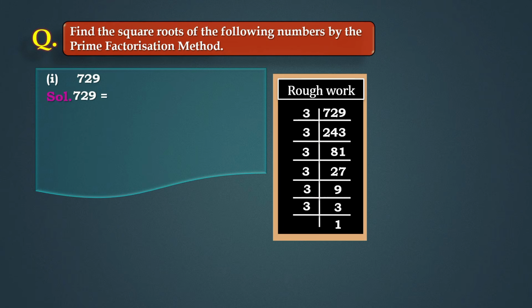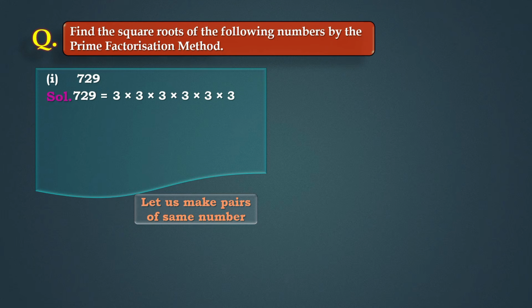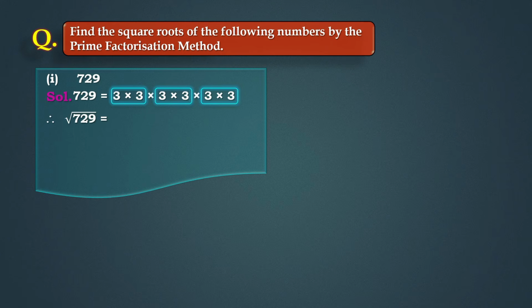So, we can say that 729 is equal to 3 multiplied by 3, multiplied by 3, multiplied by 3, multiplied by 3, multiplied by 3. Now, let us make pairs of the same numbers. We have 6 threes, so we can form 3 pairs of 3. Next, take one number from each pair.